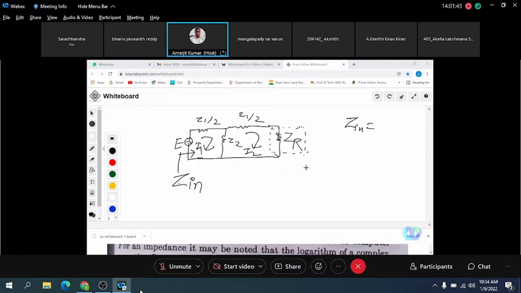So what will be the input impedance if it is terminated in the characteristic impedance? In that case, Zin will be equal to Z0. But if we terminate in the load impedance ZR, what will be the input impedance? That is the question. How to calculate?